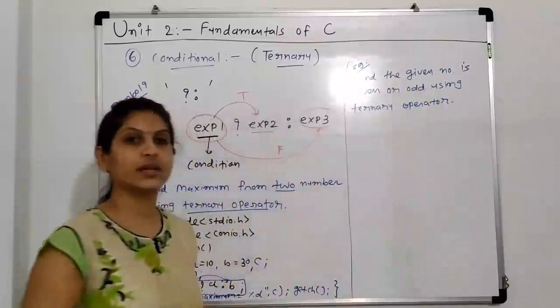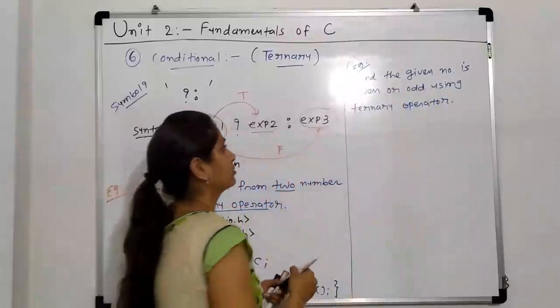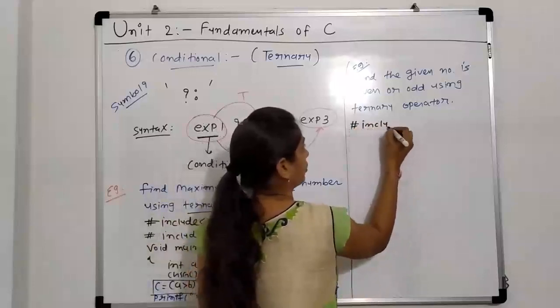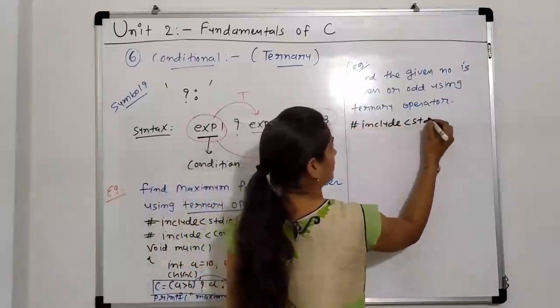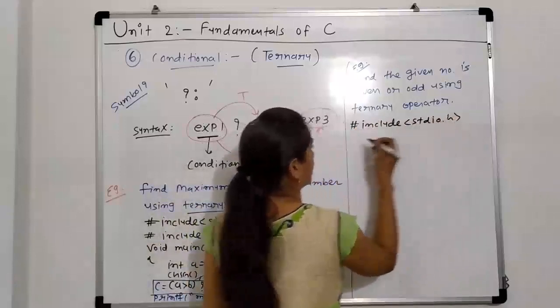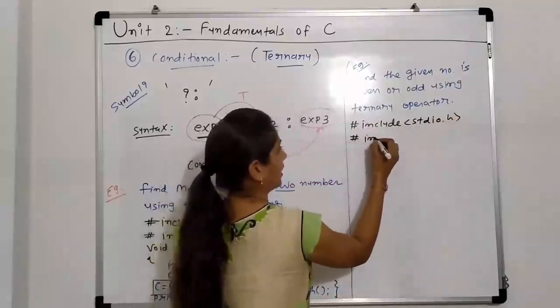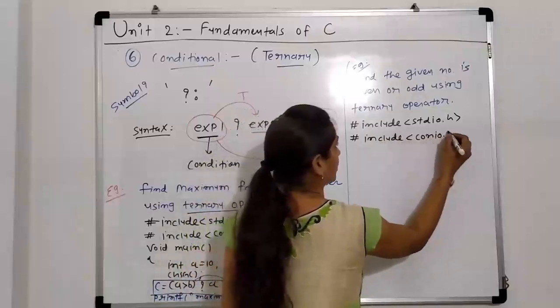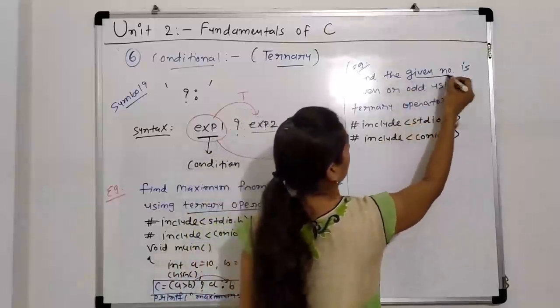So let us start with the program. First write down #include stdio.h. Second is #include conio.h.